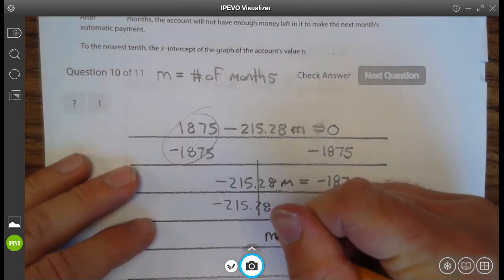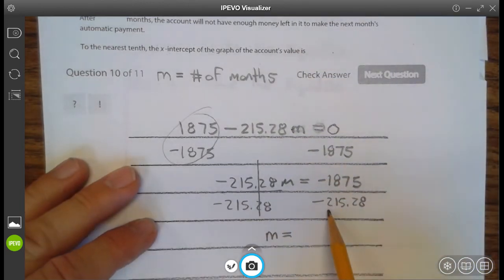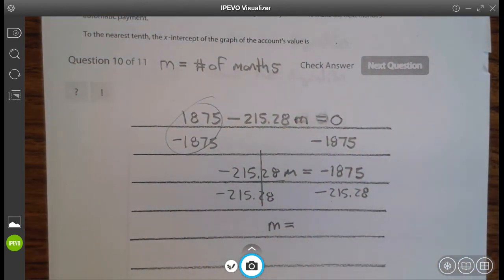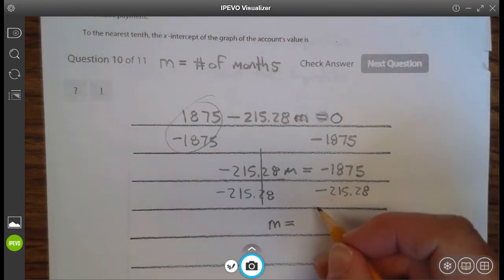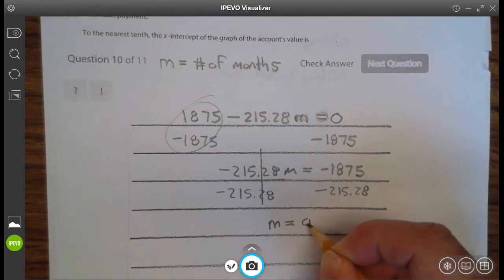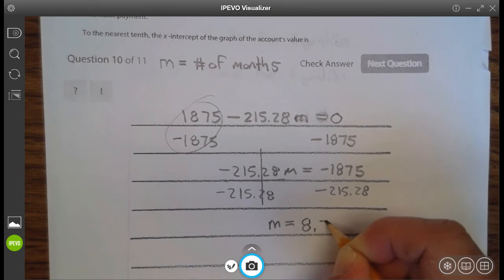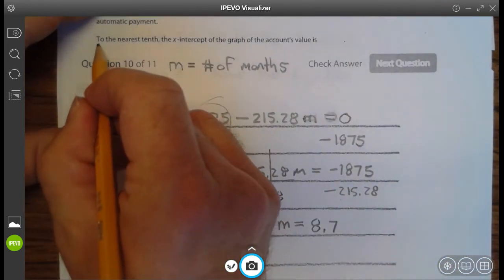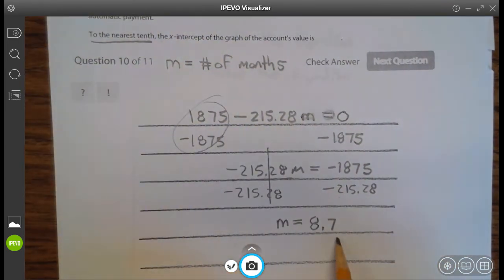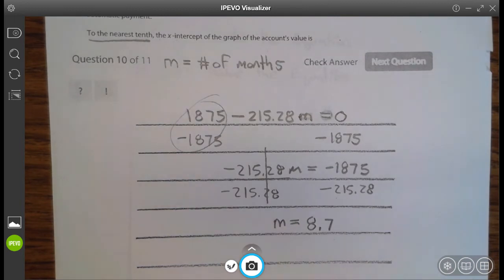You get m equals, a negative divided by a negative is a positive, 1875 divided by 215.28. You get 8.7 because they want to round to the nearest tenth. So 8.7.